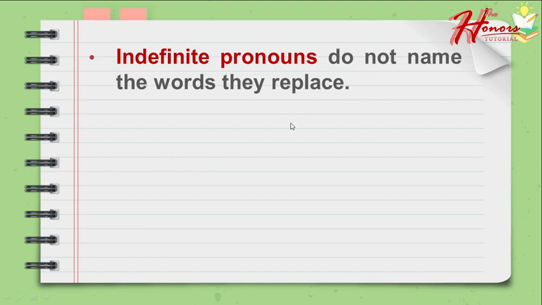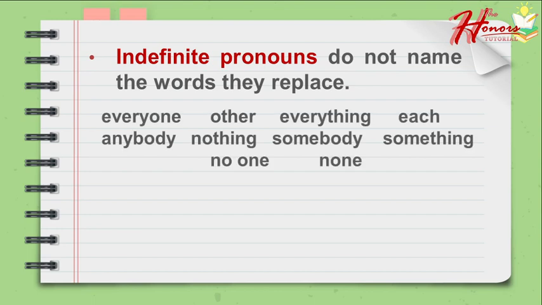An indefinite pronoun doesn't have a specific or familiar referent, meaning it doesn't specifically identify what it is referring to. What are the examples of indefinite pronouns? We have everyone, other, everything, each, anybody, nothing, somebody, something, no one, none, and so on.